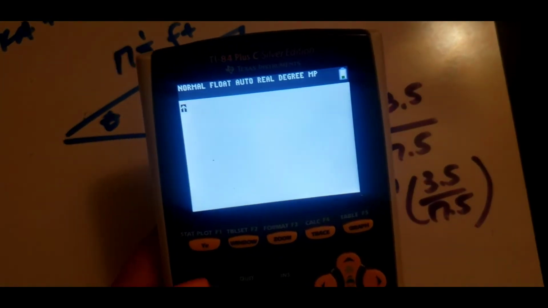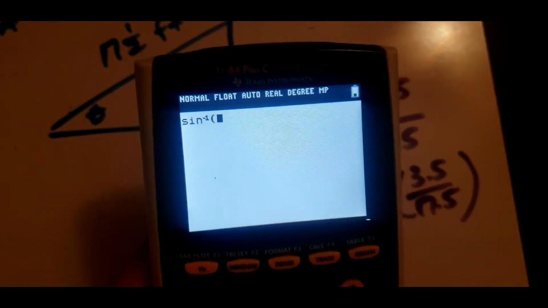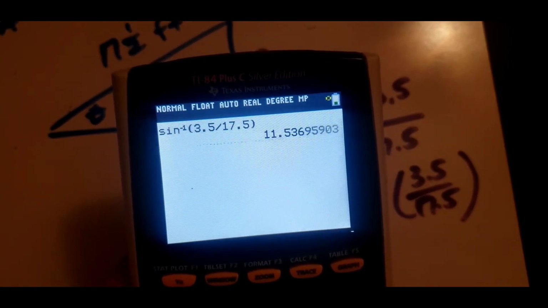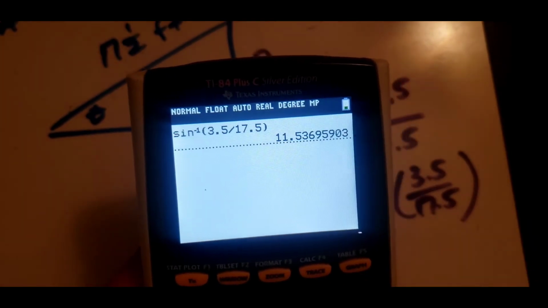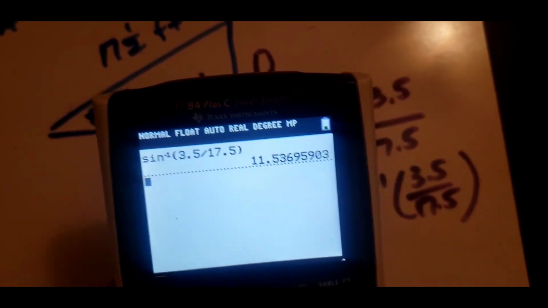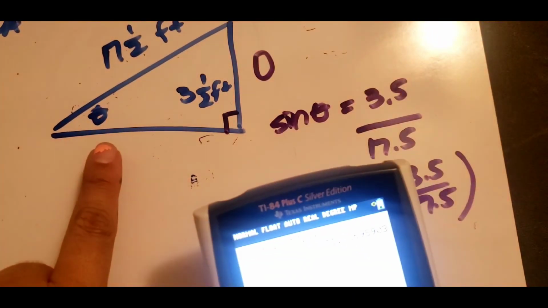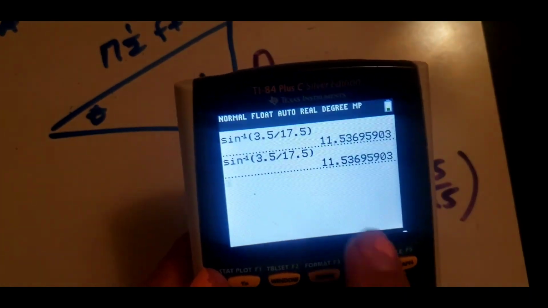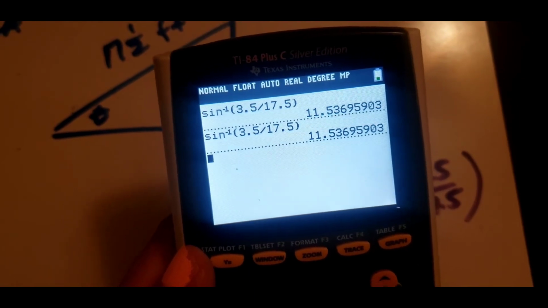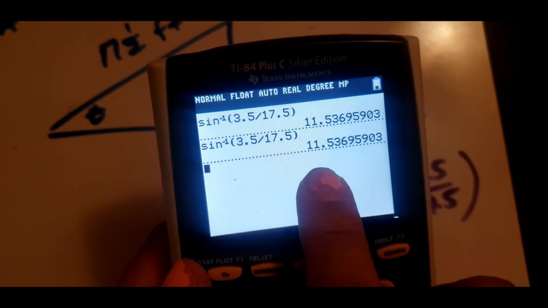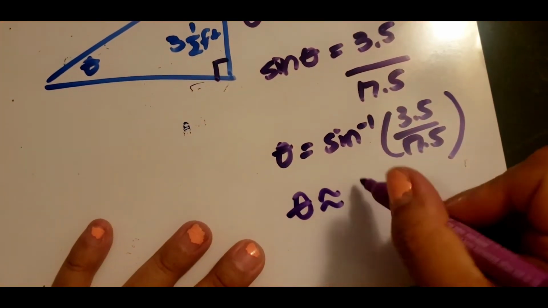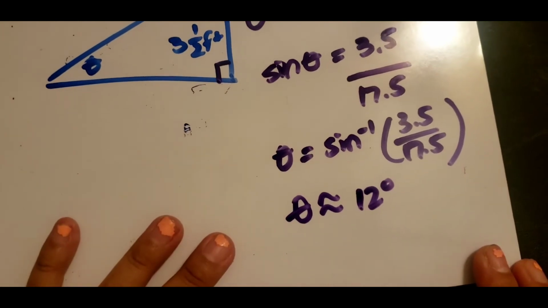Sine inverse of 3.5 divided by 17.5, and that gives us approximately 11.5369. But because we're looking for an angle, which is in degrees, I'm going to round up, and this is approximately 12 degrees. It's too high to be just 11, so I would say approximately. So theta is about 12 degrees, okay?